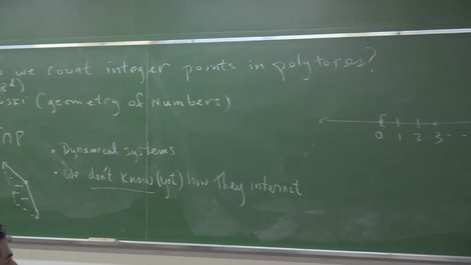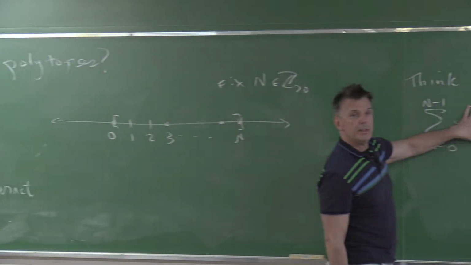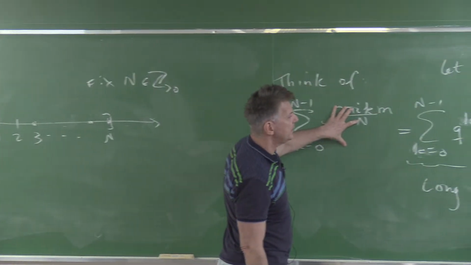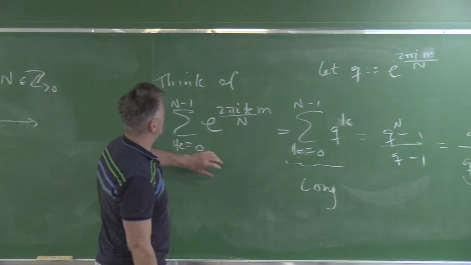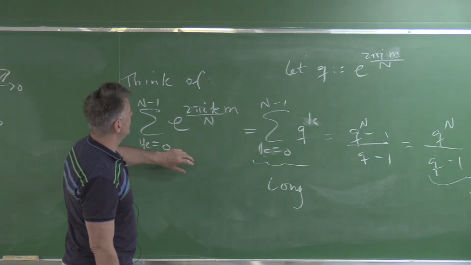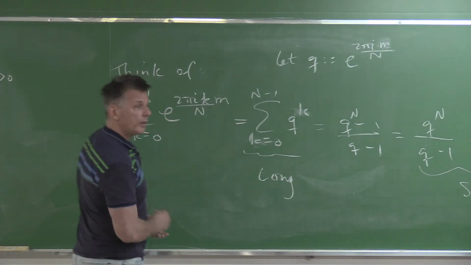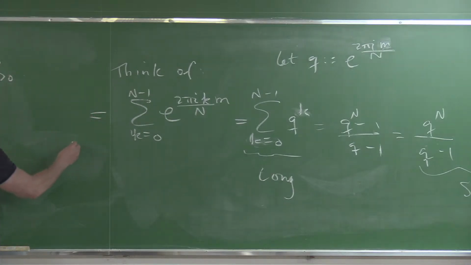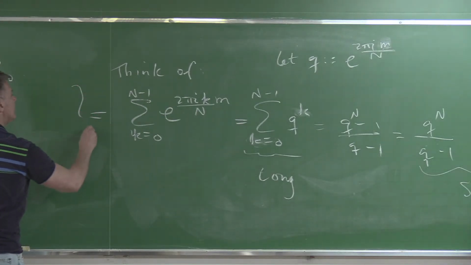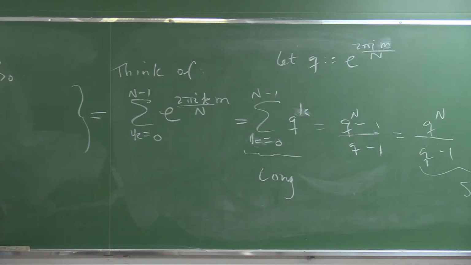Okay, so this is a very elementary complex number idea, and you might think, well, in fact, you can use this. If you push this a little bit further, you know that this is equal to n or 0, right?